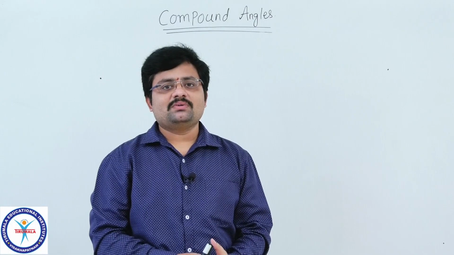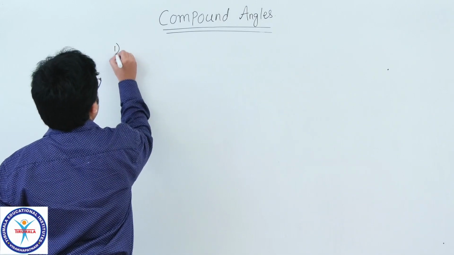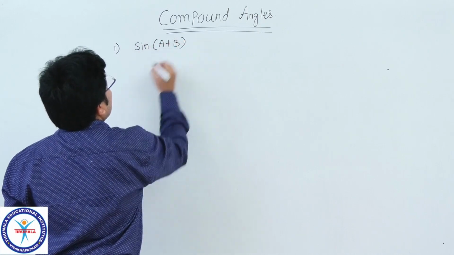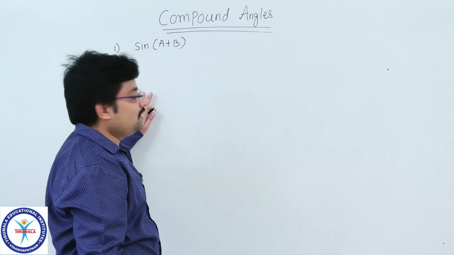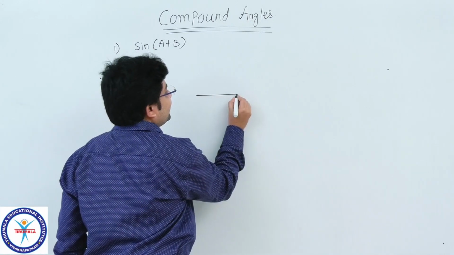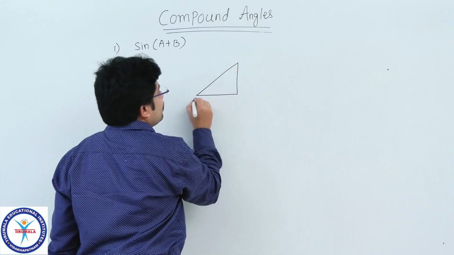Let us find the formula for sin A plus B. In order to derive the formula, let us draw a right angle triangle OPQ.